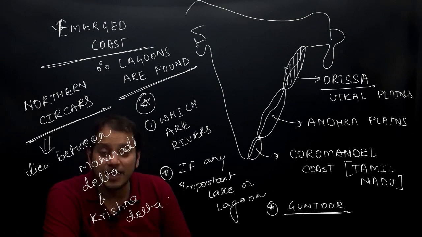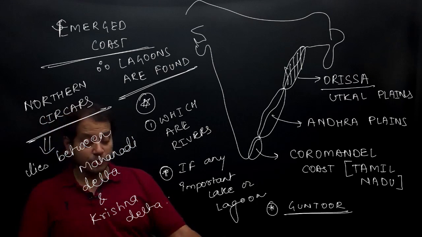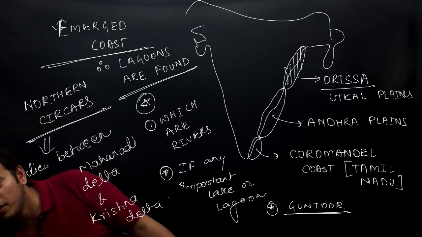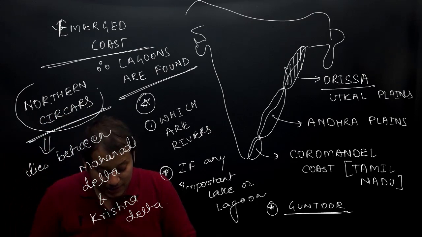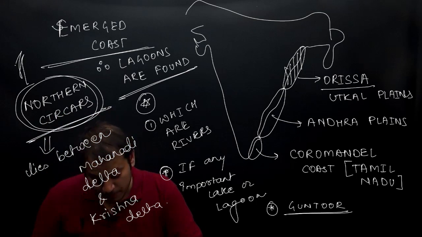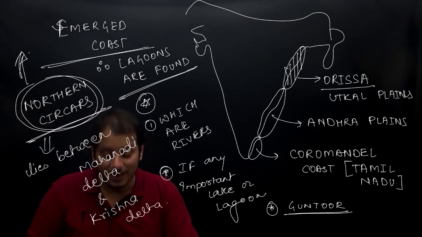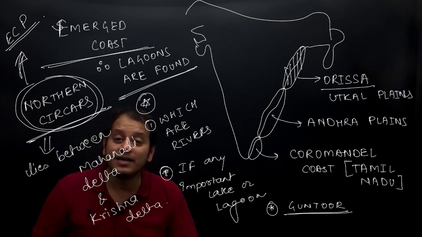So what you have to remember from the exam point of view is that the Northern Sarkars is the name of the east coastal plains in Orissa and Andhra Pradesh.